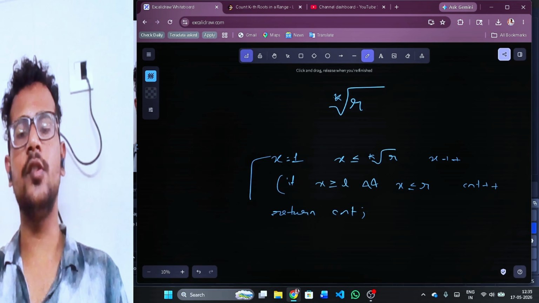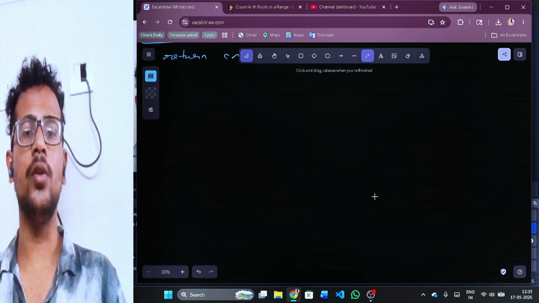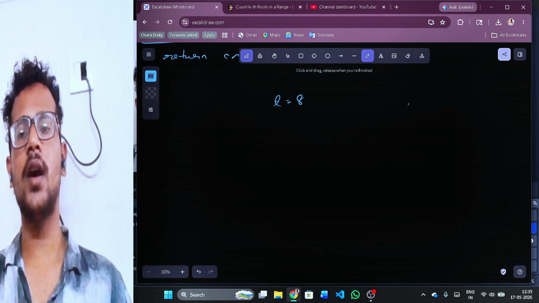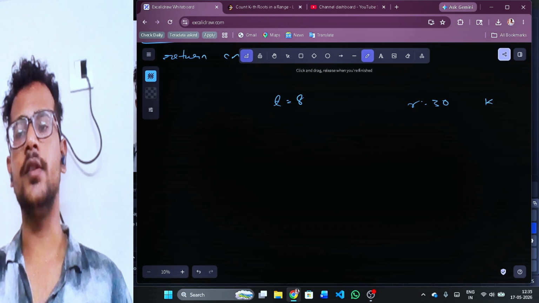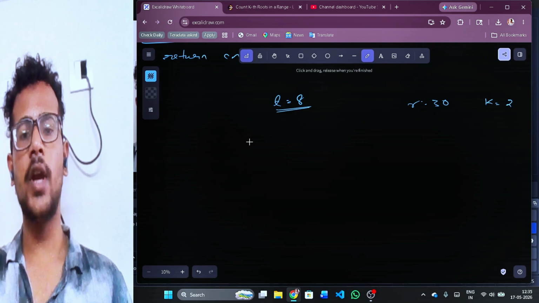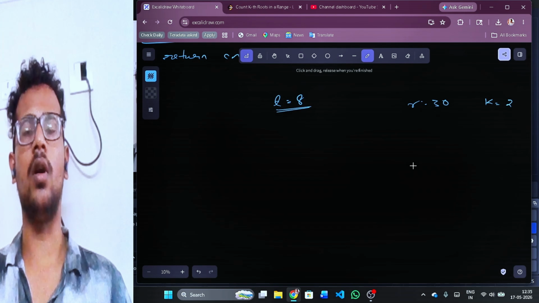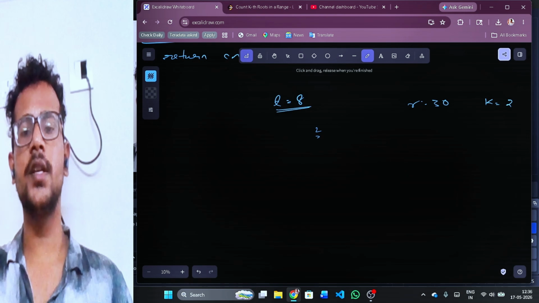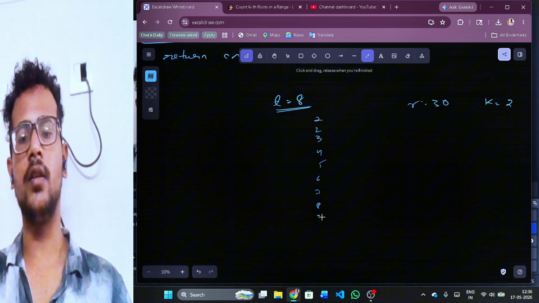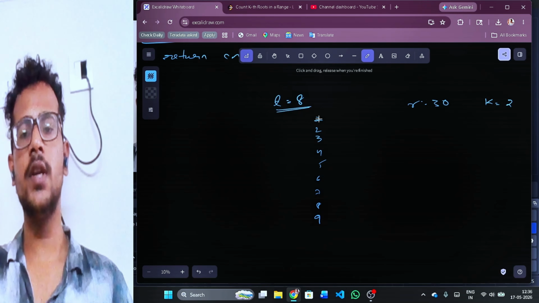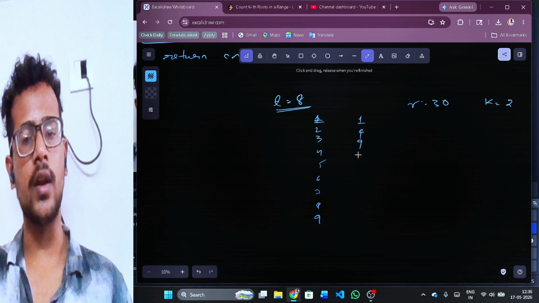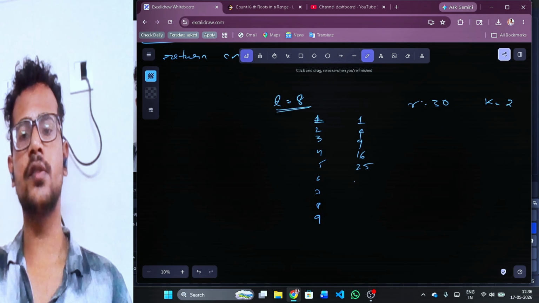Now you might be confused, but let me tell you how this works. Let us take L is equal to 8, R is equal to 30, and K is equal to 2. Now, L is equal to 8, right? So 8, 9, 10, and so on. So 1 square is 1, 2 square is 4, 3 square is 9, 4 square is 16, 5 square is 25, 6 square is 36.